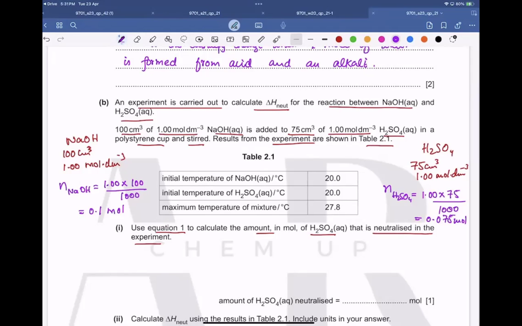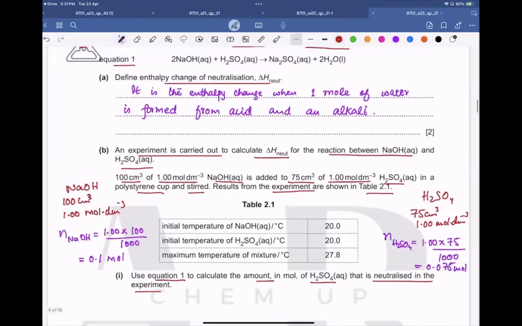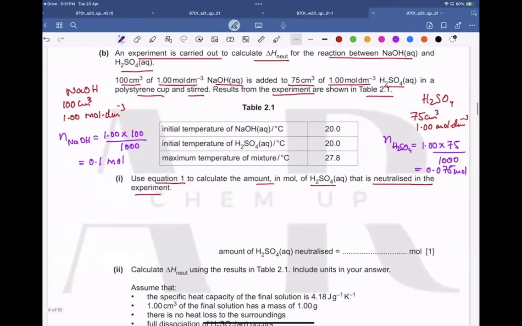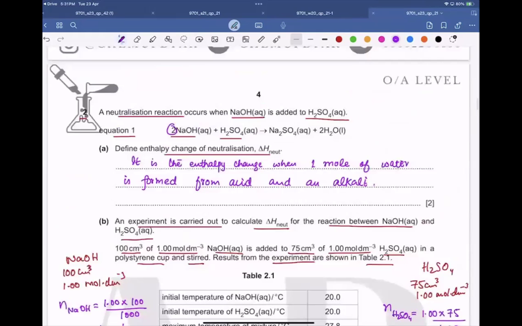Now, if you look at the equation, there are 2 moles of sodium hydroxide which are reacting with 1 mole of sulfuric acid. So you have to take this ratio to figure out how many moles of sulfuric acid is neutralized or used up. So sodium hydroxide to sulfuric acid, from the balanced equation, the ratio is 2:1 because there are 2 moles of sodium hydroxide and 1 mole of sulfuric acid, right?